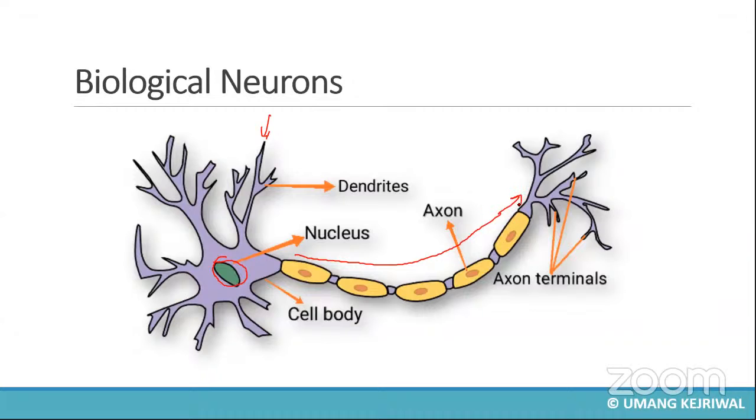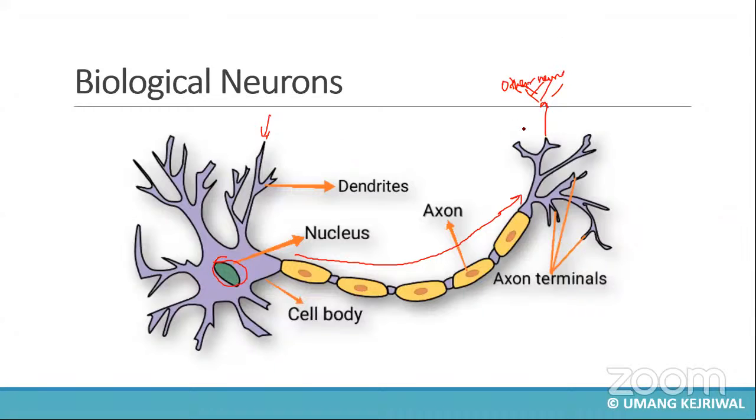After the transfer is done, from here it is again sent to the other neuron, where the other neurons will be connected. Like this, the information goes on transferring and moves from one place to another. So this is about the biological neuron.